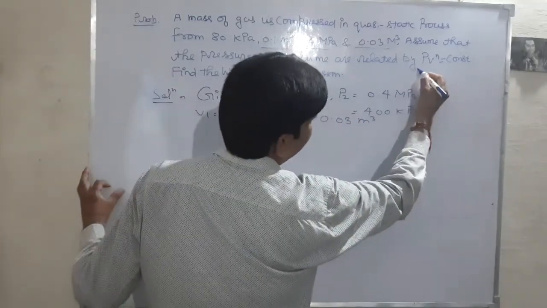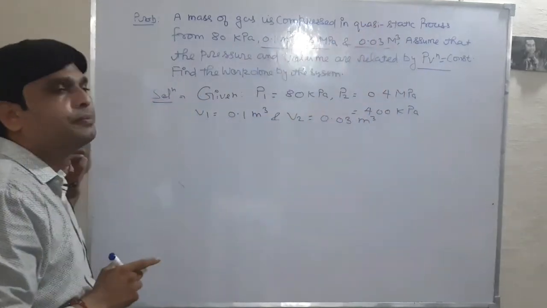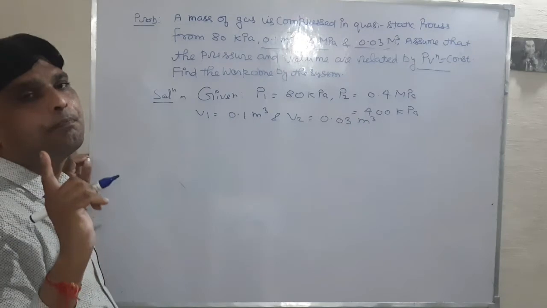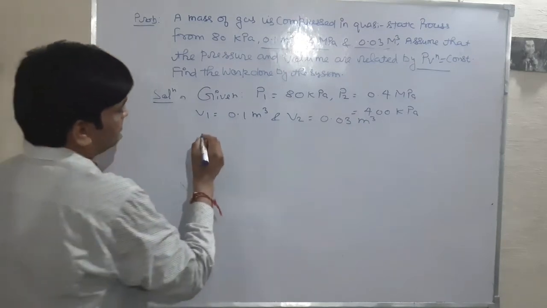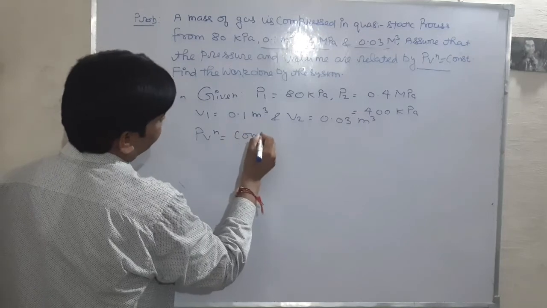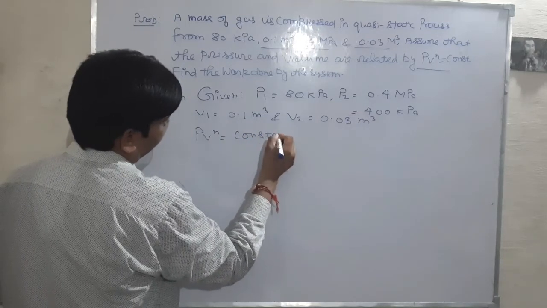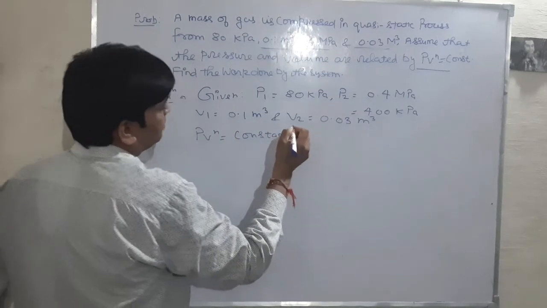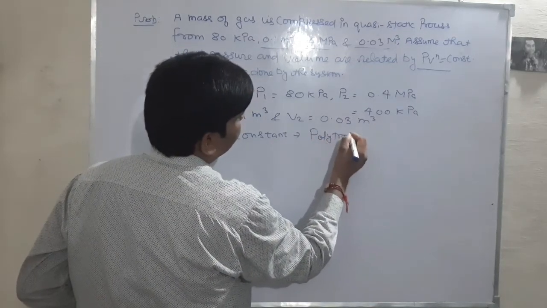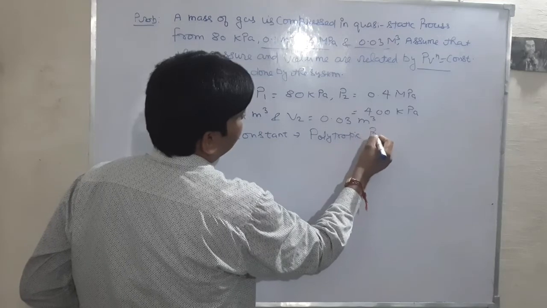Given equation is PV to the power n equal to constant. This means this is a polytropic process.